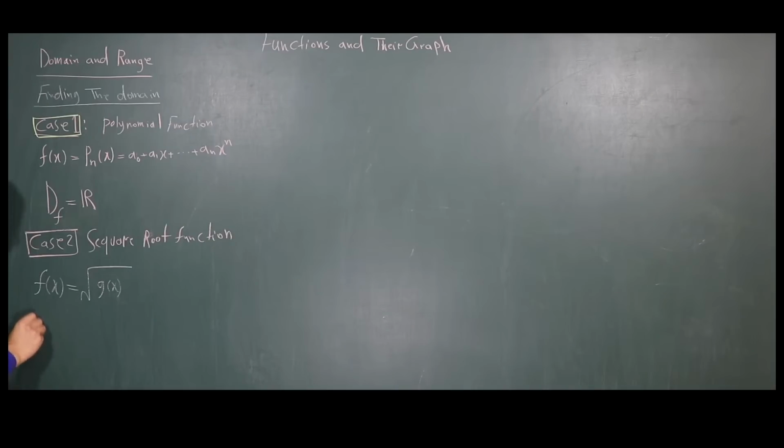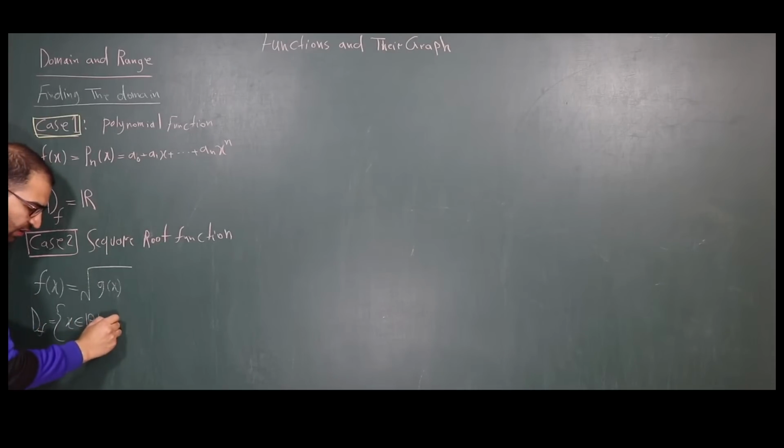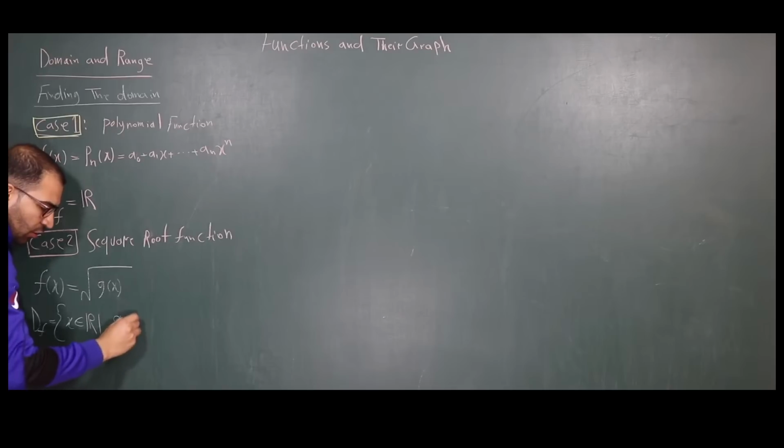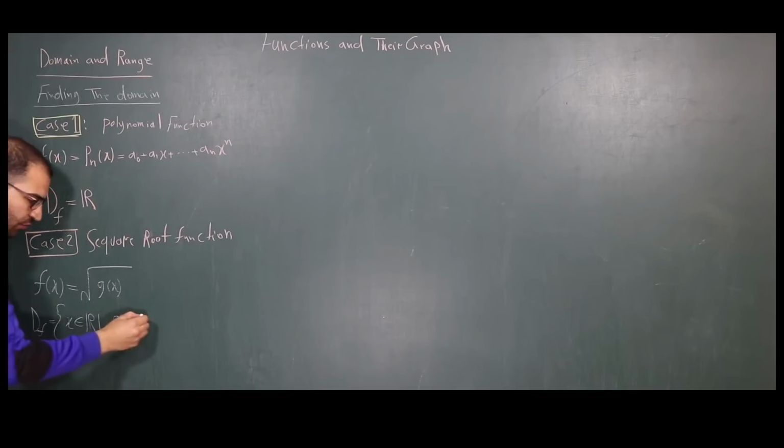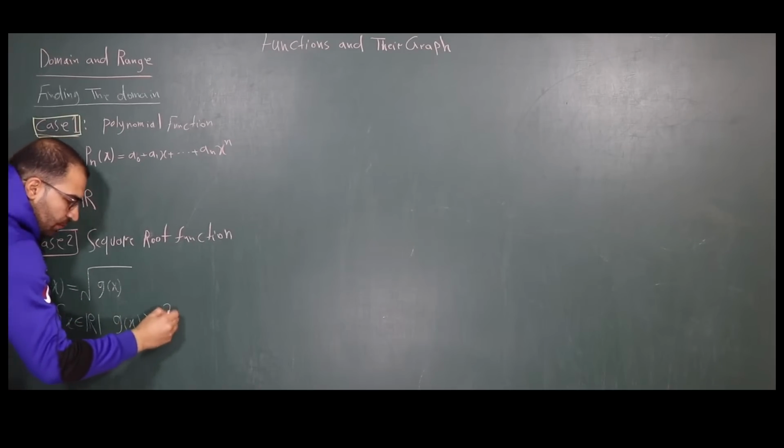So the domain of the function f in case 2 will be all the real numbers x, x belongs to R, such that g of x, the expression inside the square root, is greater than or equal to 0.